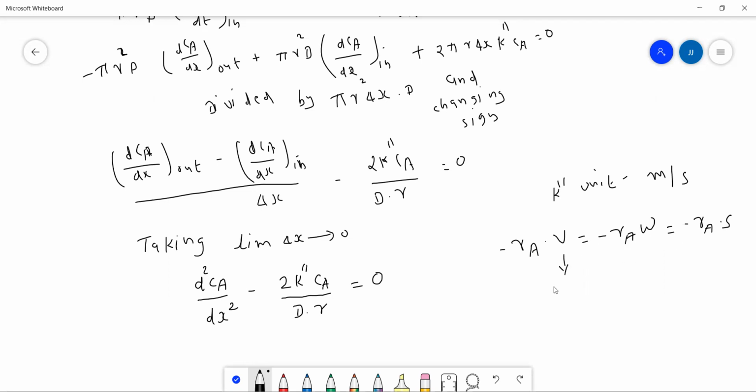So let me write: V is the volume of catalyst, W is the weight of catalyst, and S is the surface area.